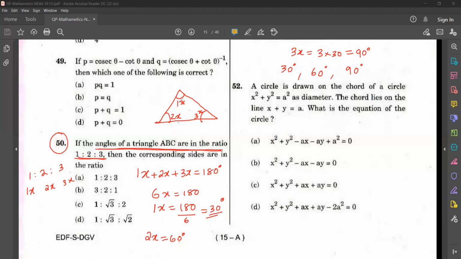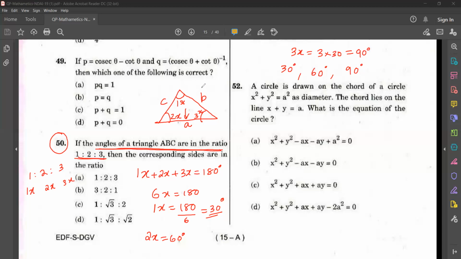Now see, what is the property of a triangle? What is the relation between sine of the angles and sides? Remember the sine rule. If this is side A, this is side B, this is side C, how can I write it?